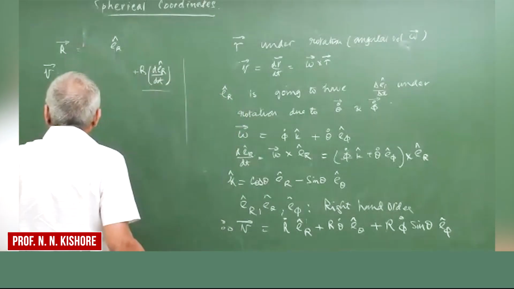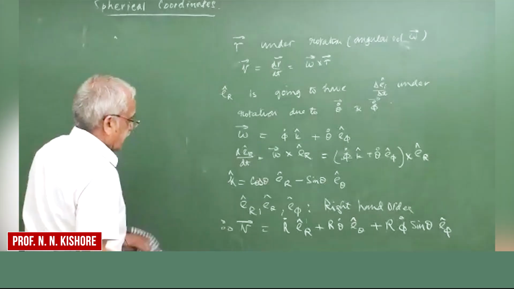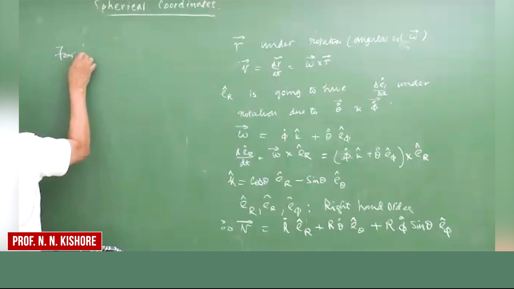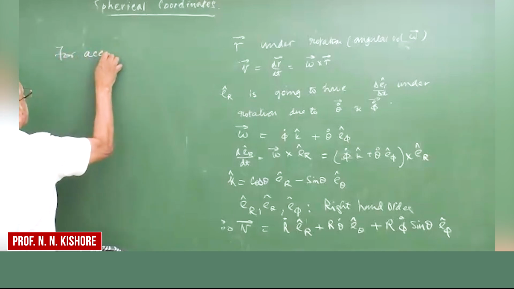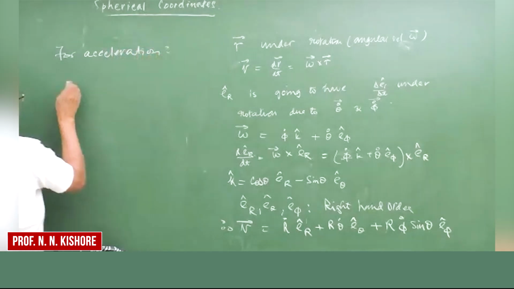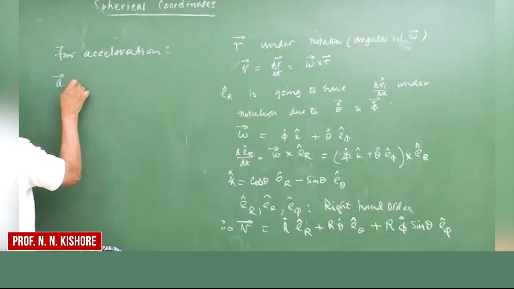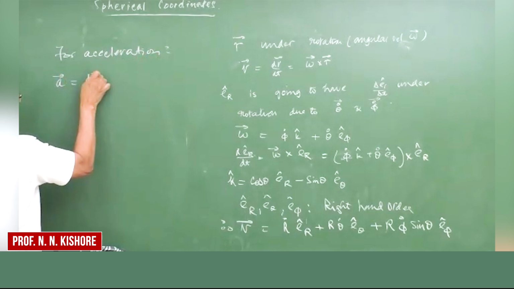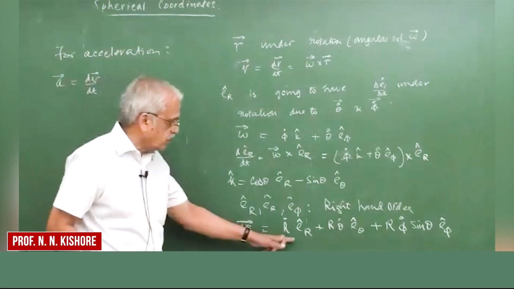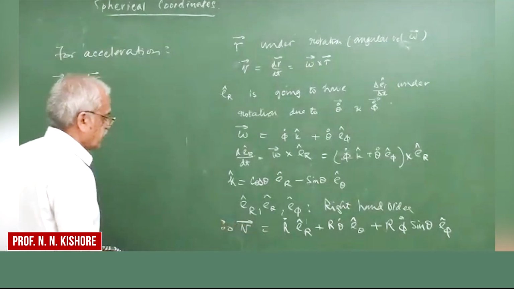Now going to acceleration. So acceleration is dv by dt. Okay, so that means that now you have to take each of these expressions.